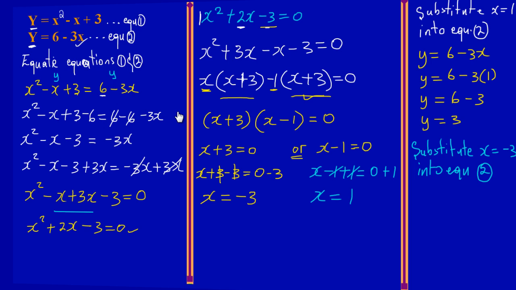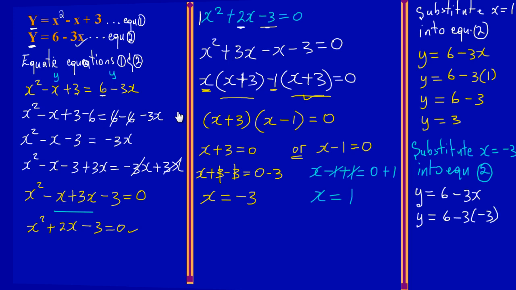Equation 2 states that y is equal to 6 minus 3x. So I'm really saying y is equal to 6 minus 3 open bracket, and now x is negative 3, so I'm going to place my negative 3 there.